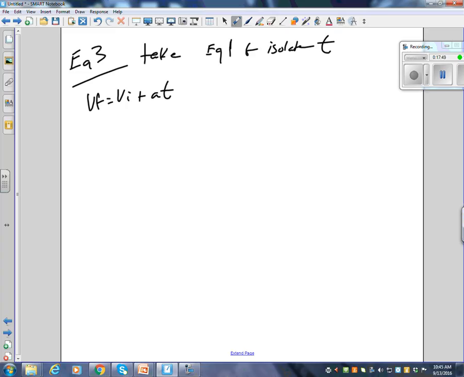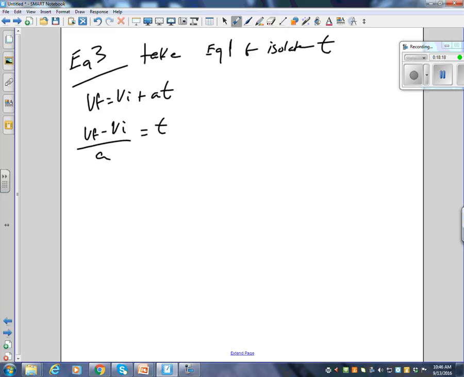That's okay. To get T all by itself, I'm going to take that VI to the other side: VF minus VI. And how do I get rid of the A? Divide by A. So T equals VF minus VI over A.